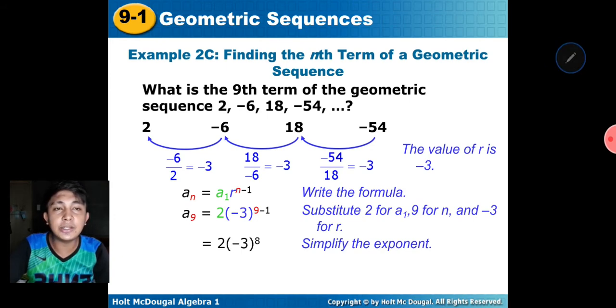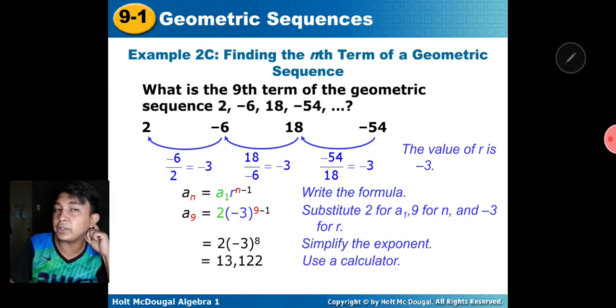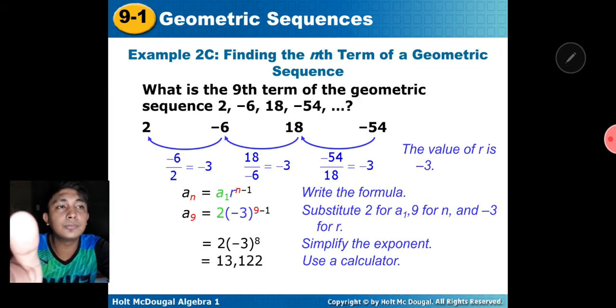So, negative 3 raised to 8 times 2. So, now, the ninth term of the geometric sequence is 13,122.